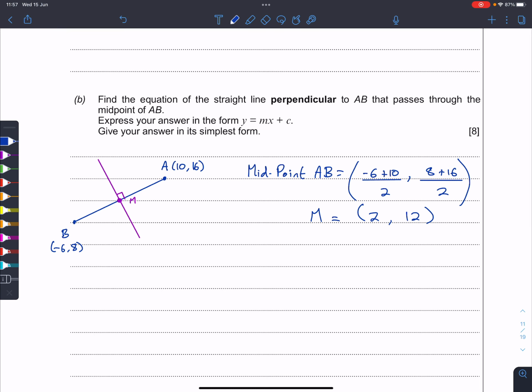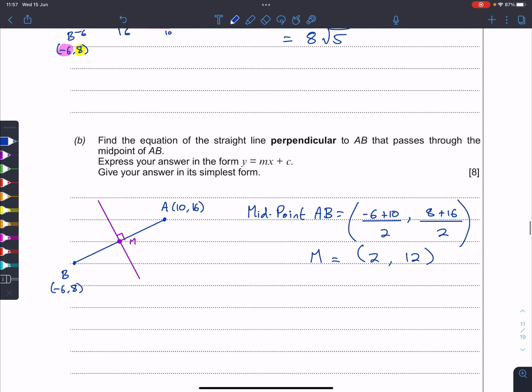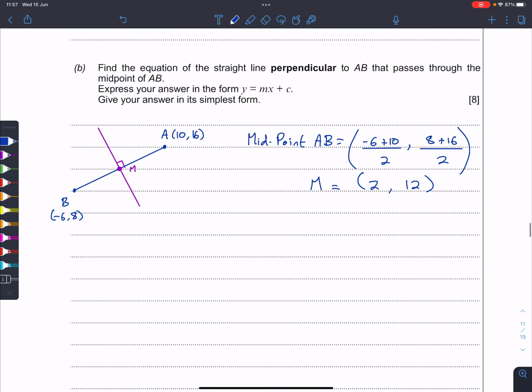Next, I need to know the gradient of my line. In order to find the gradient, I need two points. At the moment, on this line, I only have the one, this M. So I need to work out the gradient of AB first. The gradient of AB, if you remember the formula, is the difference in the y values over the difference in the x values. It doesn't matter which one you pick to be x1, y1, and which one you pick to be x2, y2, but we just have to be consistent.